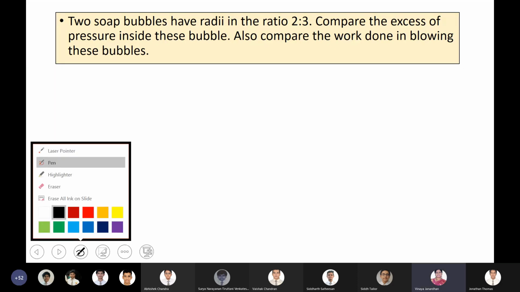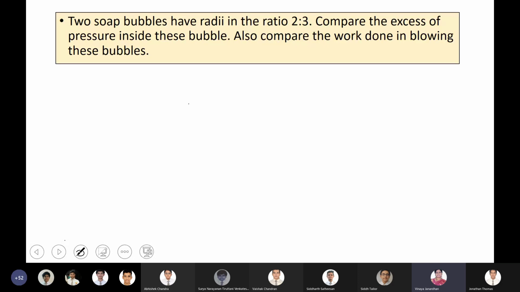Boys, you have to be very clear about it. Two soap bubbles. A soap bubble will have a liquid surface. You have air inside the bubble as well as air outside the bubble. So it has two free surfaces.